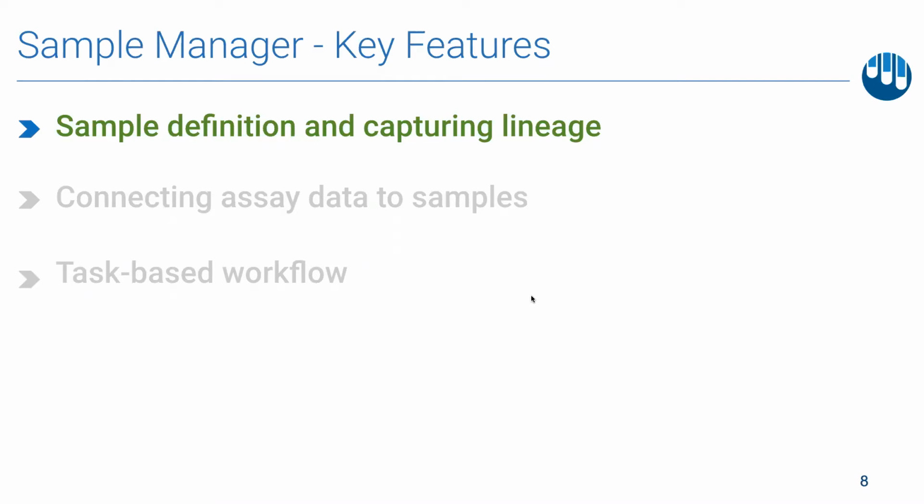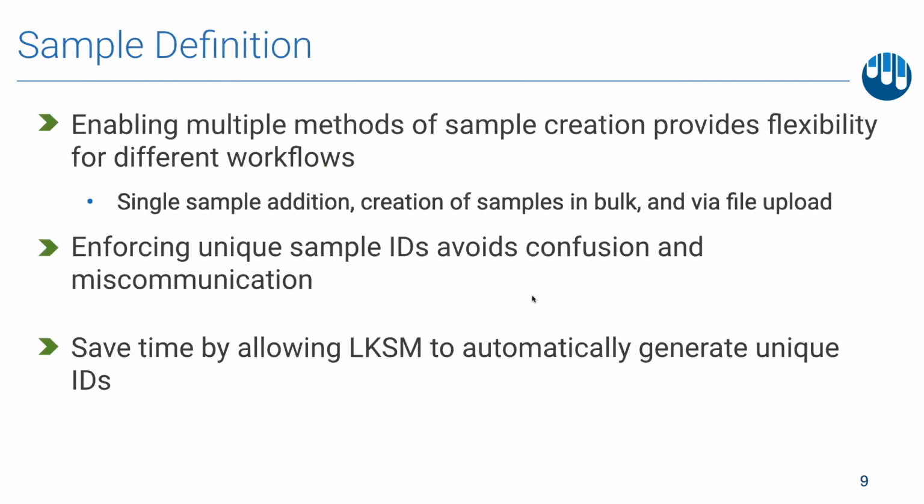Our first topic is sample definition. Creating a centralized resource to define samples can boost efficiency and overall data integrity in the lab. Sample Manager allows for multiple methods of sample creation to fit the needs of your lab. Scientists can create a new sample by adding in the row manually, using our bulk create feature, or by uploading a sample manifest or other tabular file to register many samples at once.